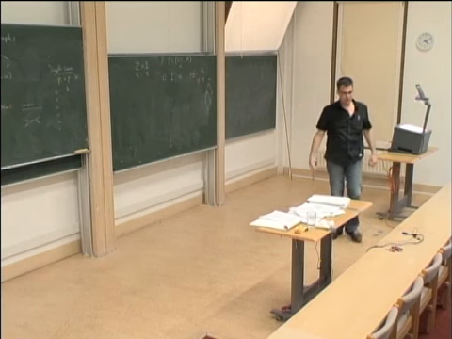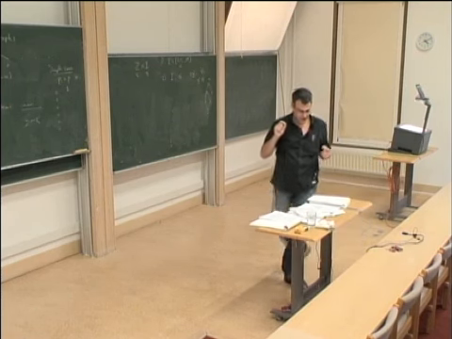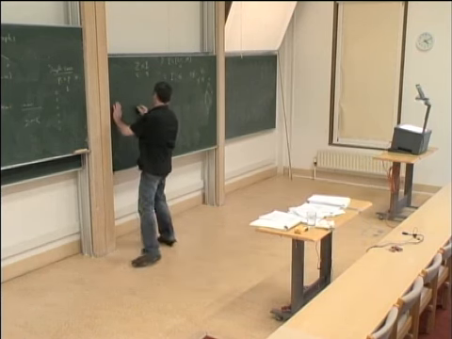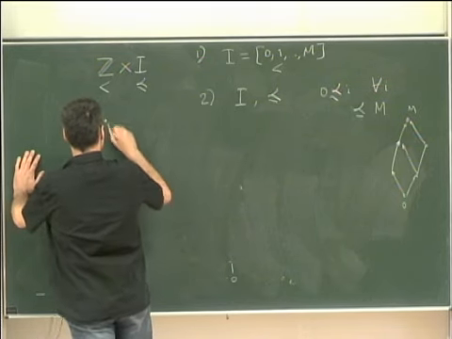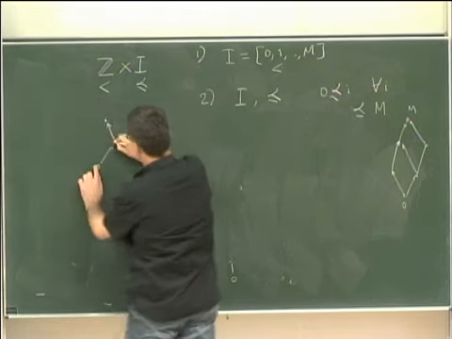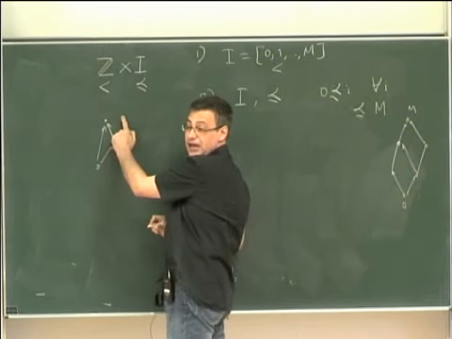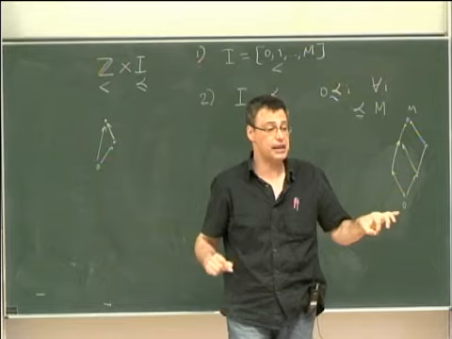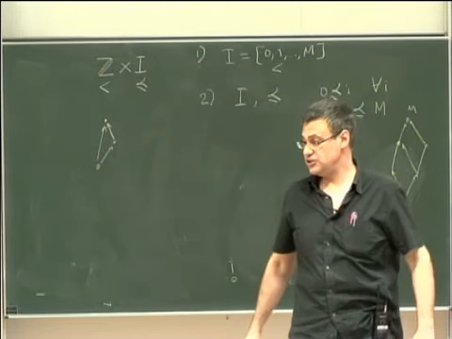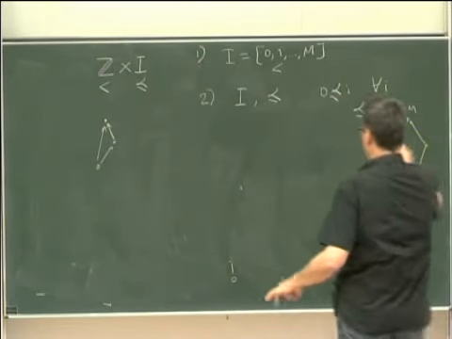The Hasse diagram is a directed graph such that if this is smaller than this and this is smaller than this, then you eliminate this edge because it is implied. So you eliminate implied edges in order to get the Hasse diagram.